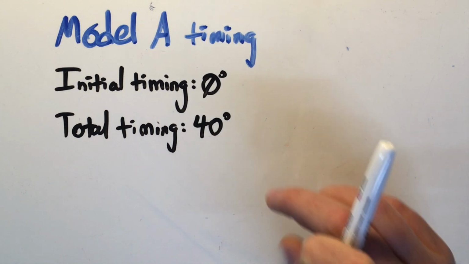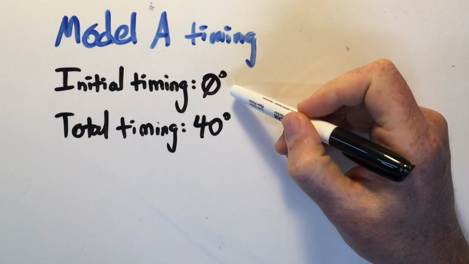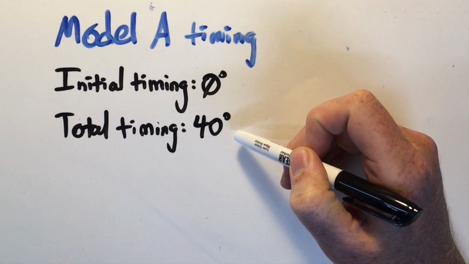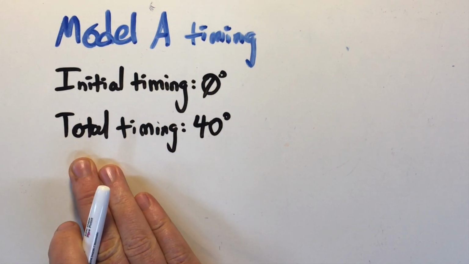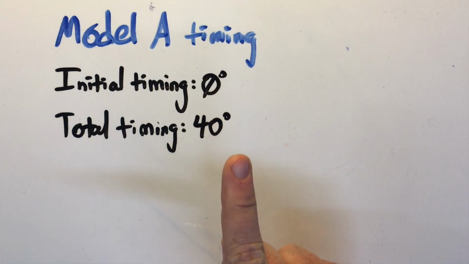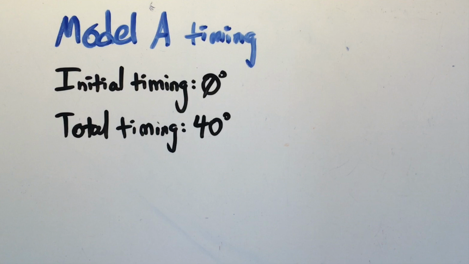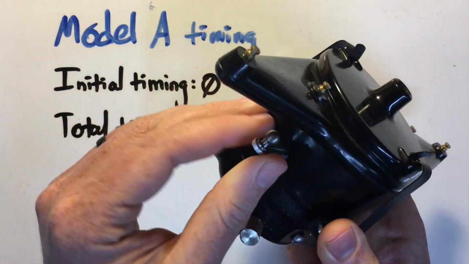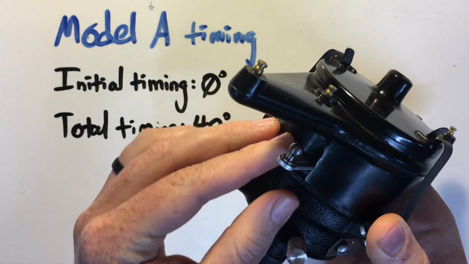On the Model A, the initial timing is 0 degrees and the total timing is 40 degrees. Now, when we talk about total timing on the Model A, remember, we're talking about the maximum possible advance, not the maximum recommended advance. So on the distributor body, you've got this slot right here.